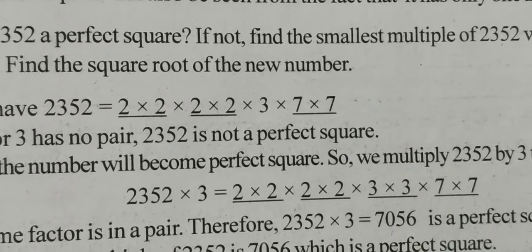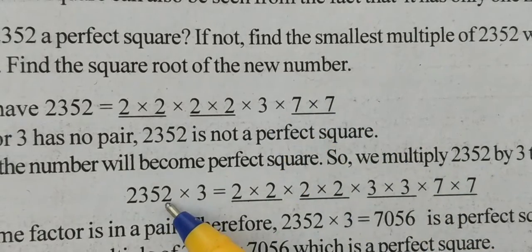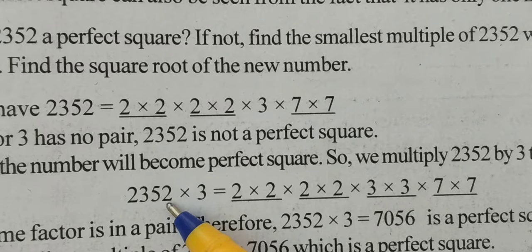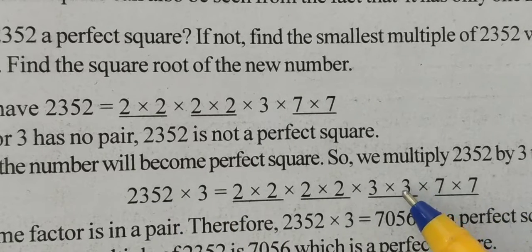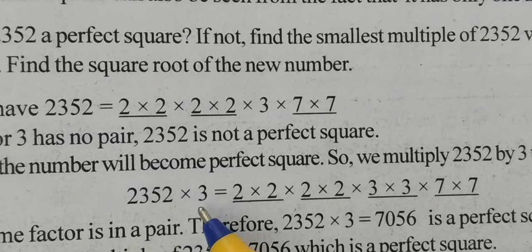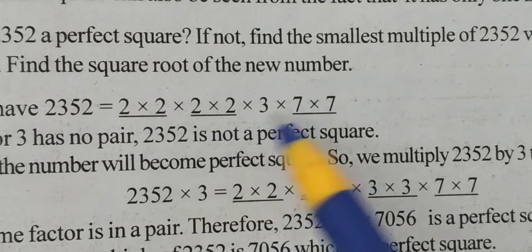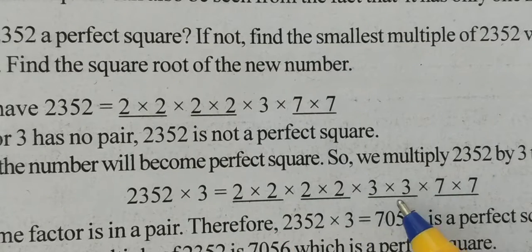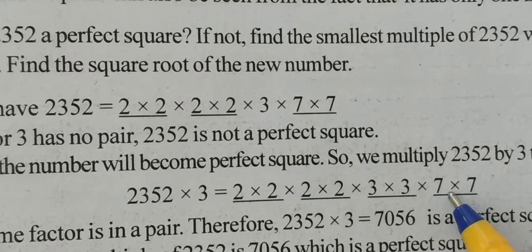The number which is left alone, you will multiply that same number with the given number. At the same time you are going to multiply towards the right hand side of the process also. So 2352 multiplied by 3, and 3 is multiplied with these factors also. So you get a pair of 3 also. Now you need not multiply this and get the answer.